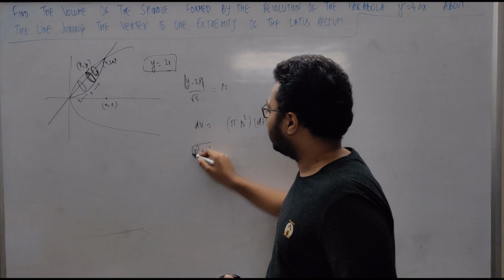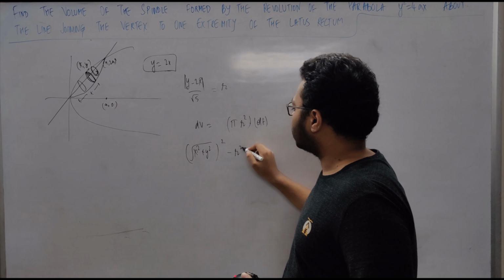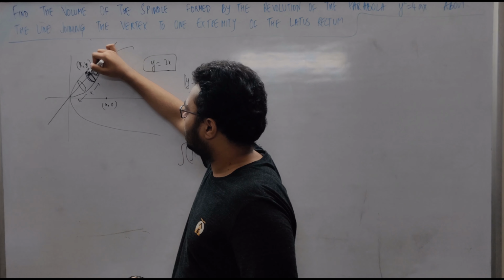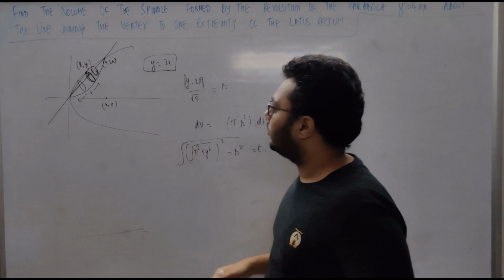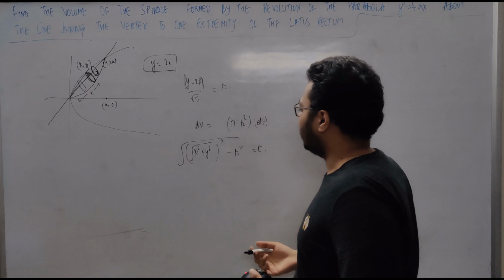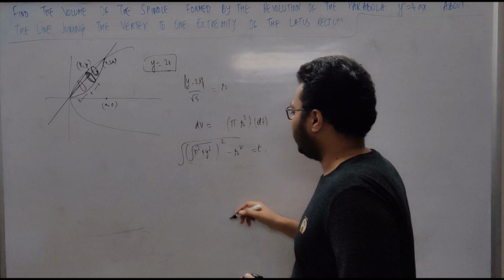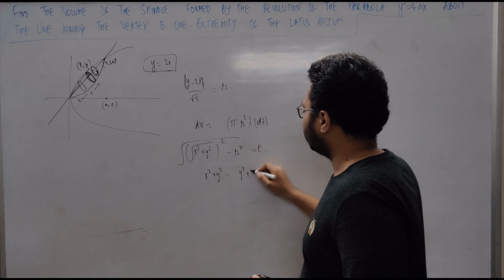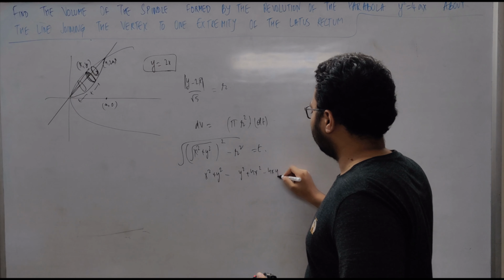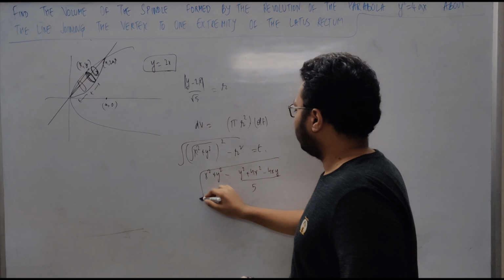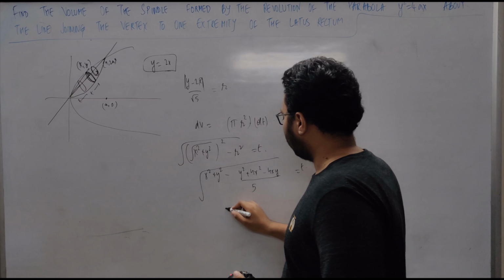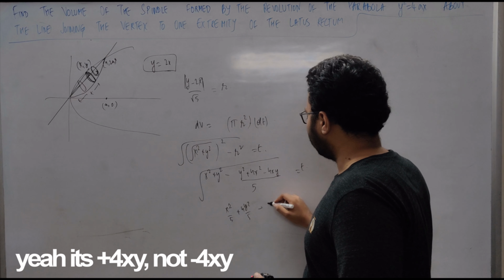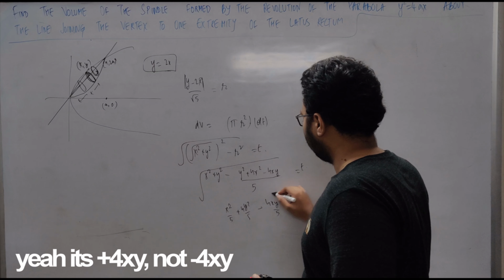Under root x square plus y square, whole square, minus r square, under the root, is t. I use the Pythagoras theorem in this triangle. So x square plus y square minus r square, that is y square plus 4x square minus 4xy whole upon 5, is t, and x square by 5 plus y square by 5 minus 4xy by 5 is t.